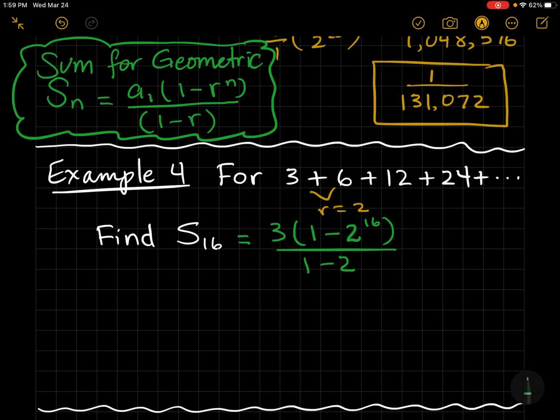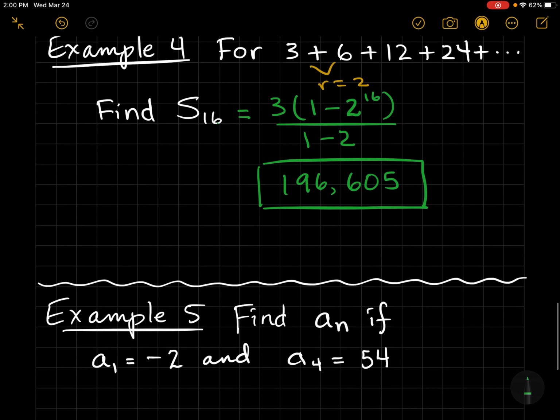Okay, and your calculator should be able to handle that with no problem. And the answer is 196,605. Go ahead and pause and make sure that you can punch that into your calculator.